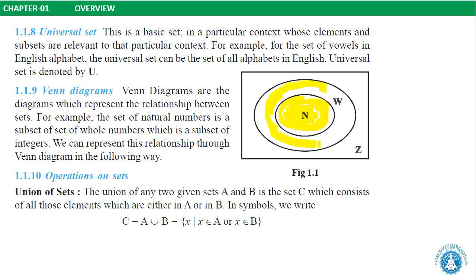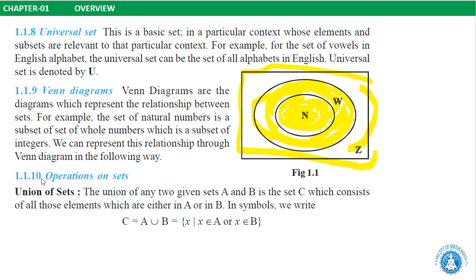This outer circle includes this inner circle also, and the whole numbers are a subset of the integers. So Venn diagram is a visual way to represent a relationship between sets.